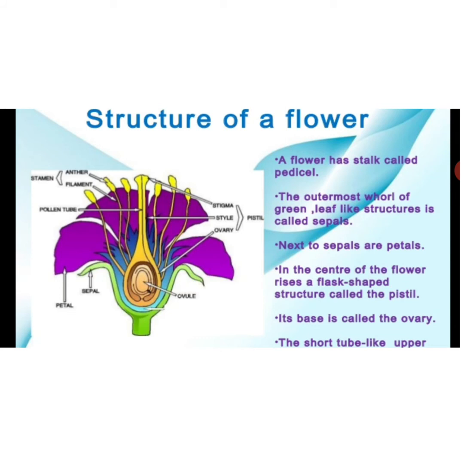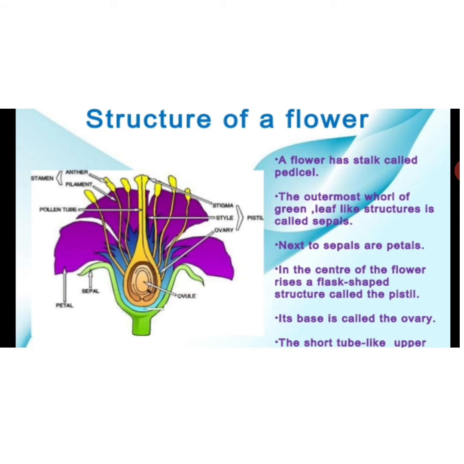This stamen consists of two parts: a thin filament-like structure, a thin thread-like structure which is attached to the flower, that is called the filament, and on top of the filament one bilobed structure is there, that is called the anther. And in this anther there are some pollen grains, and these pollen grains are very lightweight. They are just like dust-like particles, and they also take part in reproduction.